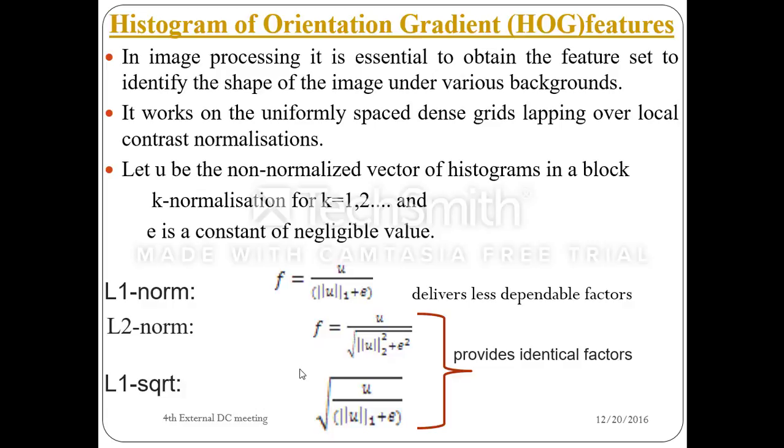It works on a uniformly spaced dense grid with overlapping contrast normalization. It is a descriptor similar to the existing method of edge orientation histograms, which works on overlapping contrast normalization and uniformly spaced grids.